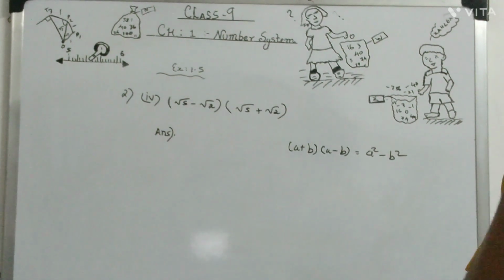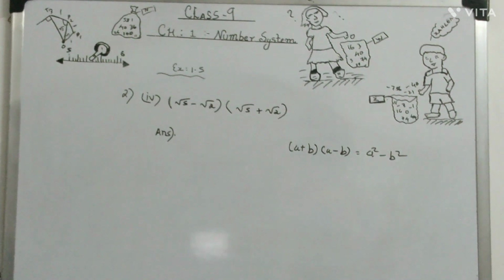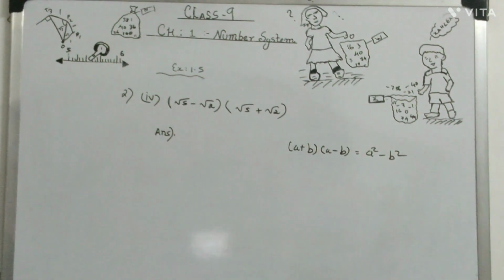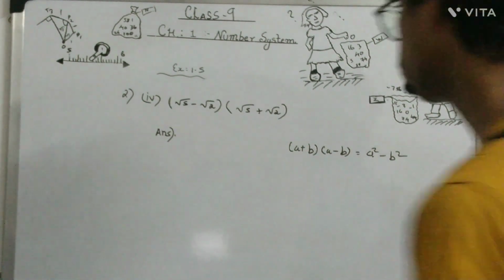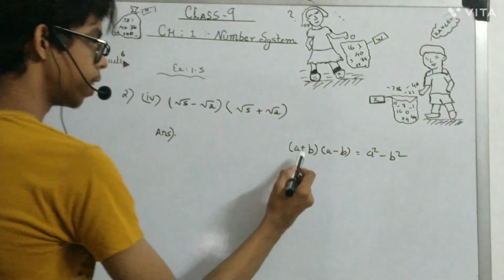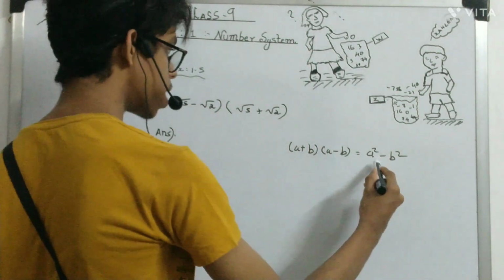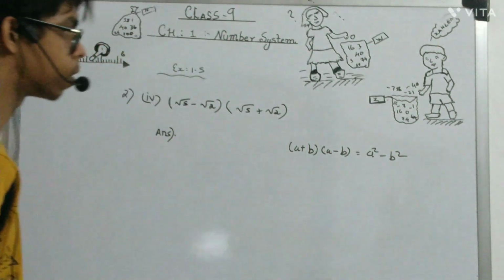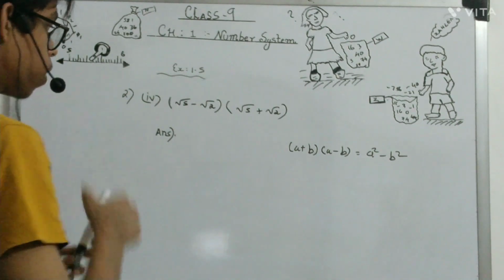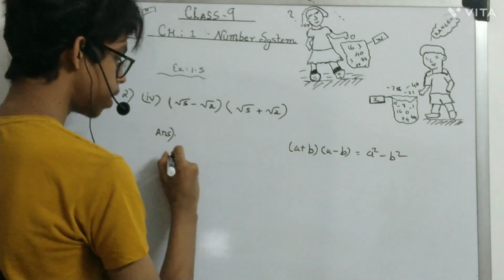Okay, so now our fourth subdivision question is (root 5 minus root 2) into (root 5 plus root 2). Here also we can see our identity (a plus b) into (a minus b), which is a square minus b square. So we can use our identity.